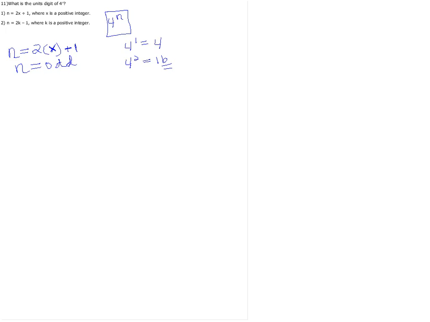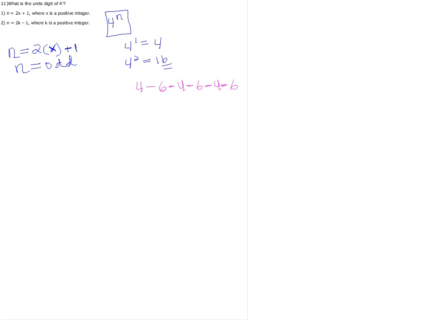And guys, take my word for it. If you continue doing this, what you would find is that 4, as you raise it to higher and higher exponents, will always return a 4, 6, 4, 6, 4, 6 pattern on into infinity.